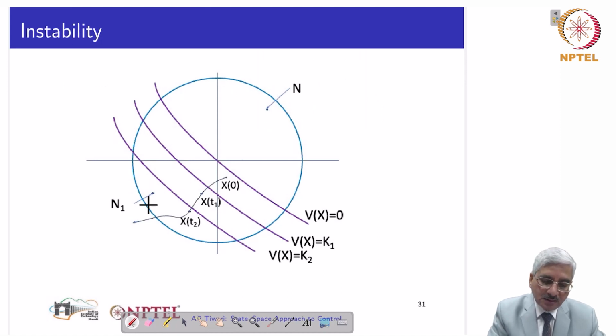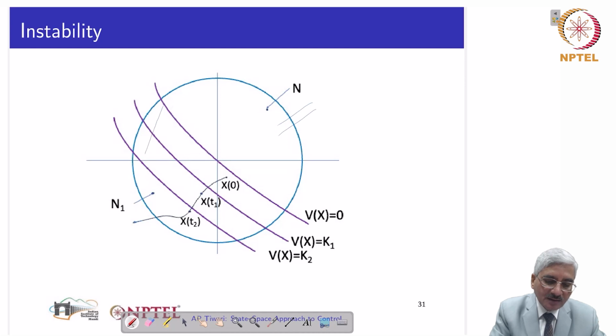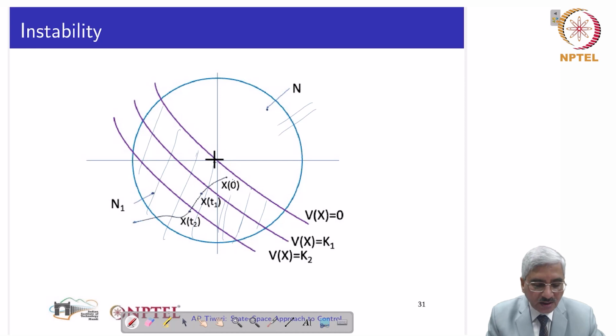This greenish circle is the region N, and in that this is the region N1, up to there, and we said that the origin is on the boundary of N1 and N1 is in N.